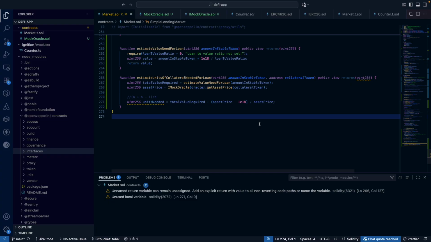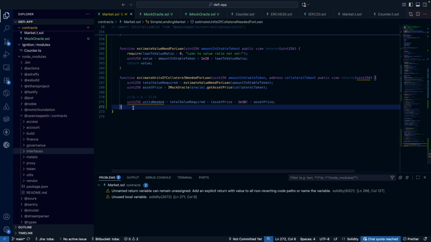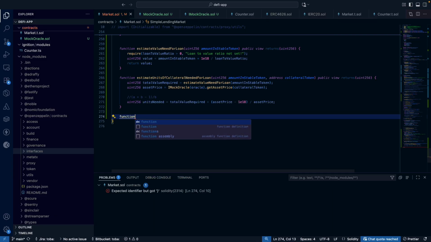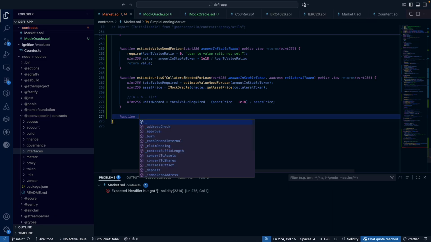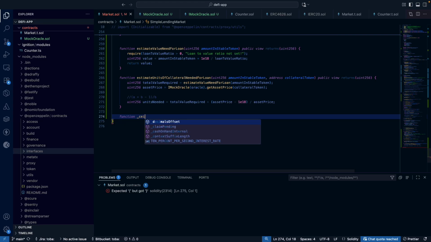Hi guys. So I figured out what I was worried about. I was worried about this relationship, and I think there is a simple way for me to handle this. Yeah. So I'm going to write an internal function, which I'm going to use to refactor everything. It's called ceiling division.